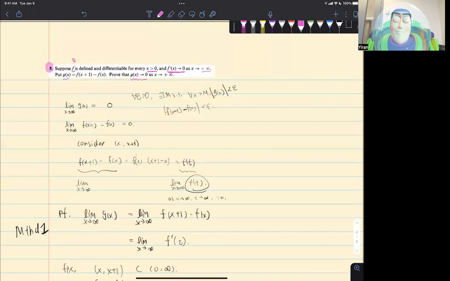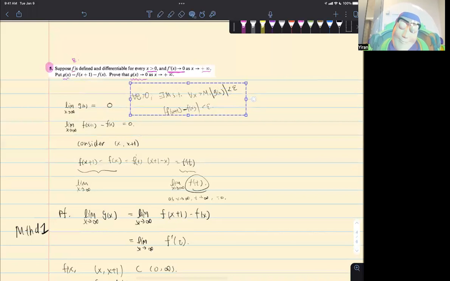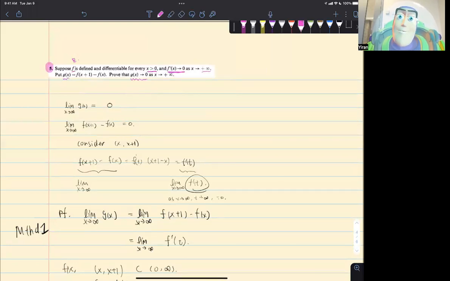Honestly, without knowing that we're learning the mean value theorem, I wouldn't have thought about using it. But to be fair, the problem does involve the derivative of function f, and the expression here is a difference between the function f evaluated at two points. So maybe that's the direction to go, using the mean value theorem.